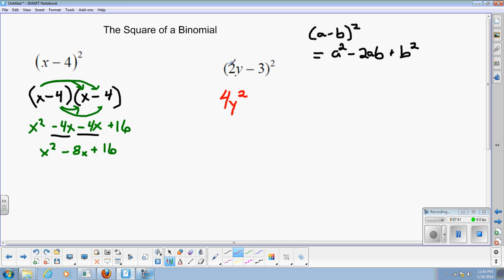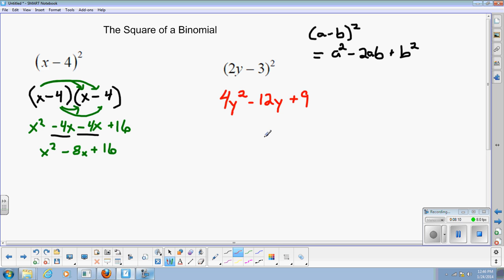So I have 2y times b, negative 3. That's negative 6y. I need two of those, so I'll double it. Negative 6y doubled will be negative 12y. And lastly, take my last term, the minus 3, and square it. Negative 3 times negative 3 is plus 9. So now I have my final answer of 4y squared minus 12y plus 9.